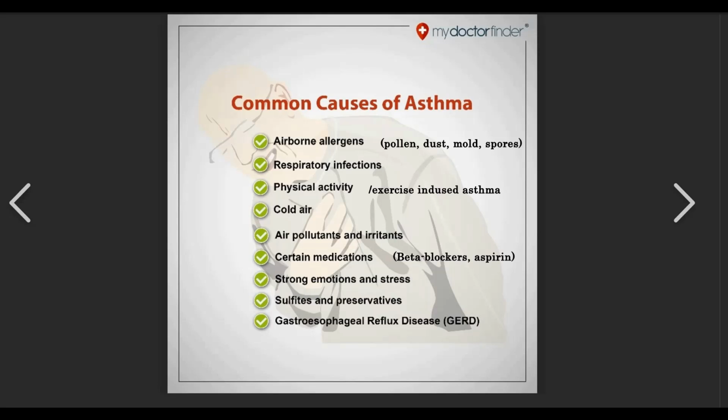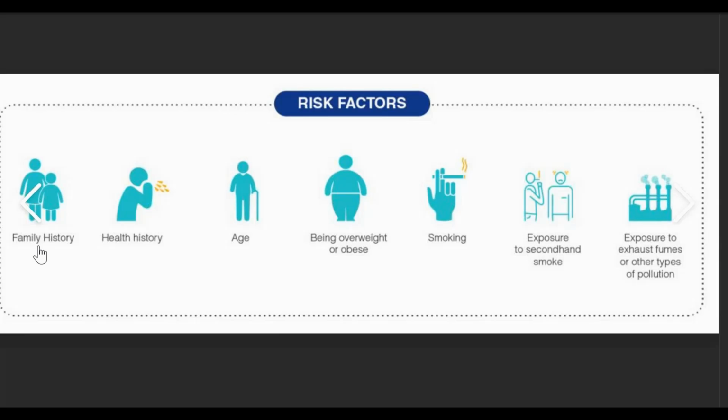Now let's see who is at risk for asthma. A family history of asthma, that is a blood relative with a history of asthma, for example a parent or sibling with asthma, increases the risk. Health history: if a person has a history of allergic dermatitis or allergic disease, that increases the risk of an asthma attack.